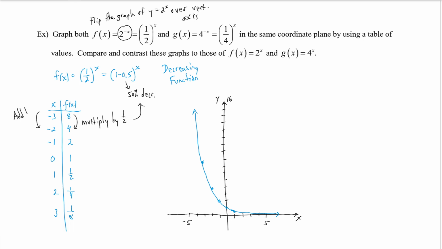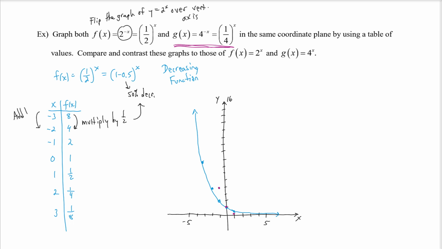So I don't know if we need to do a t-chart for this one, right? You guys kind of get the idea now that if I have 4 to the -x, that's 1/4 to the x. So that's a number that's even closer to 0, so my decrease should be even more dramatic. So I'm basically multiplying by 1/4 each time. So for example, if I were to plug in, say, -1, I'm automatically at 4. Then 0, 1, then 1, 1/4.